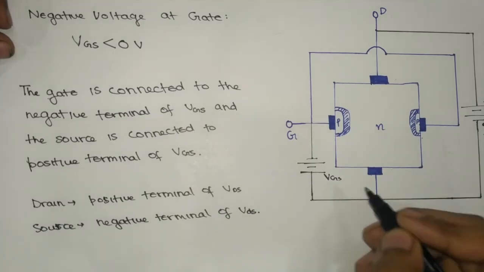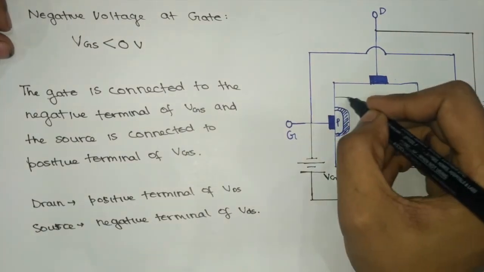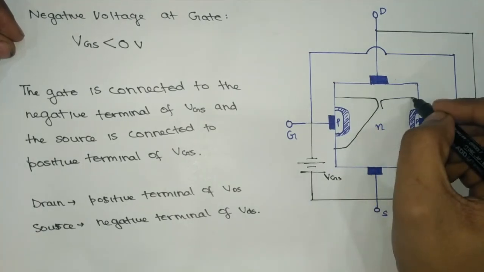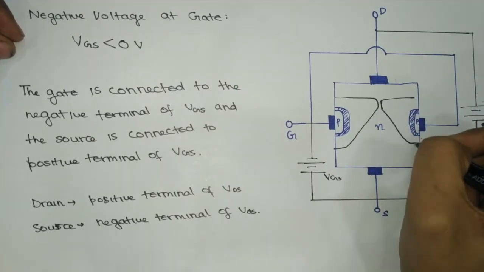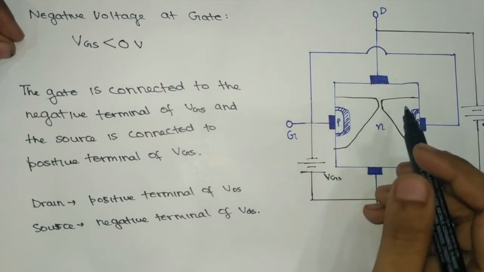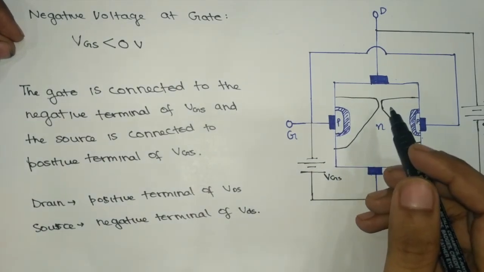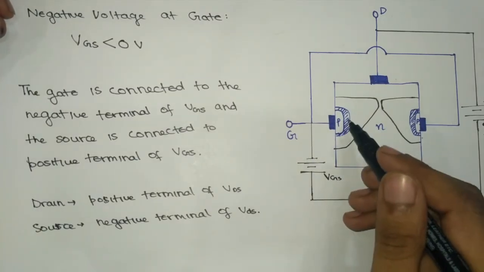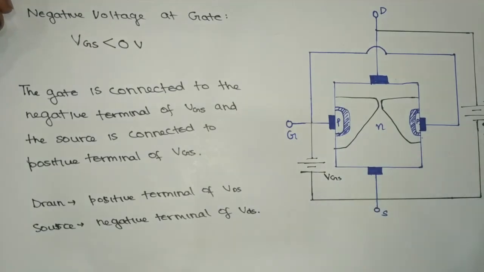So what happens here is that the pinch off condition is reached at a much earlier stage, because the negative or reverse biasing potential is easily achieved since negative potential is provided at the P junction.